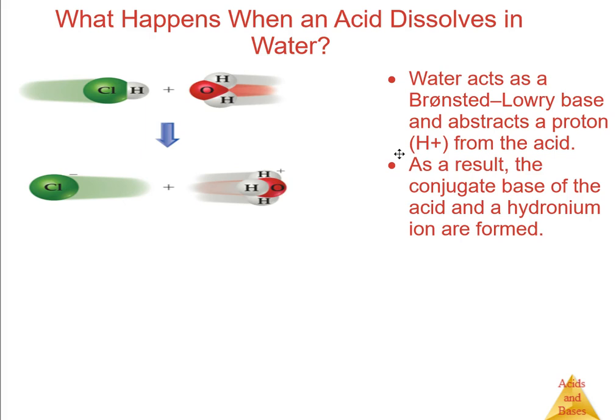Abstracts means it removes it and then it will stick to it. So the water takes the H and sticks to it to become H3O plus. That leaves chlorine all by itself. As a result, the conjugate base of the acid and a hydronium ion are formed.